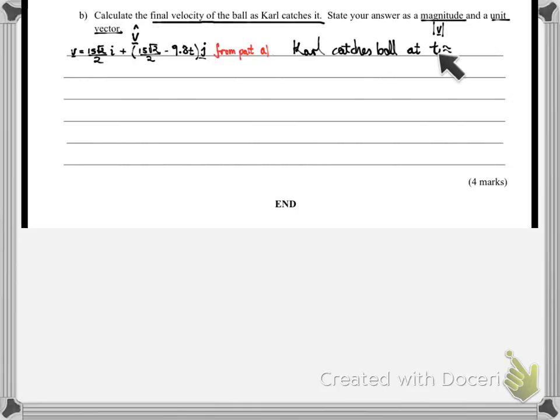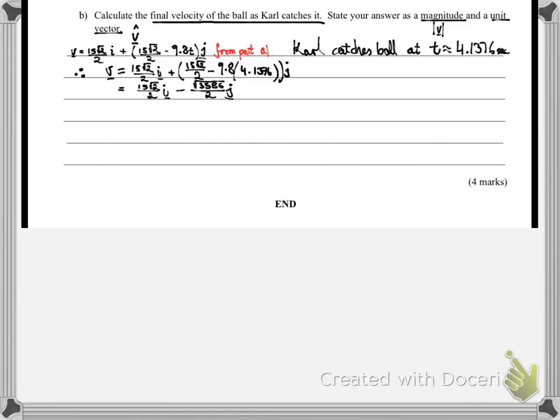Carl catches the ball at this time from the previous question. So we substitute that t value into our velocity vector to get the final velocity of the ball when Carl catches it. We substitute it in and do a little calculation that can be done on a calculator, and you might get something like that. Boom. That's the exact value surd.